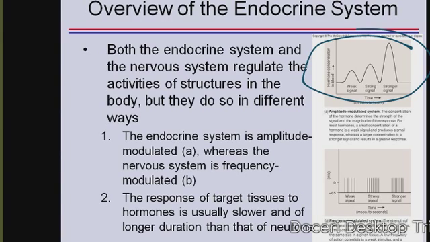How many times are we getting the signal? The response to the target tissue is usually slower for the endocrine system and longer duration, whereas in the nervous system it takes less time to activate. You have a response and then it's over with almost instantaneously.